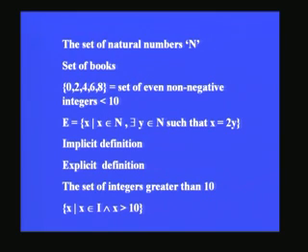For example, take the set of integers greater than 10. This we can write as {x | x belongs to I, the set of integers, and x is greater than 10}. So, you are using a predicate to define this set. So, the implicit notation is given there.